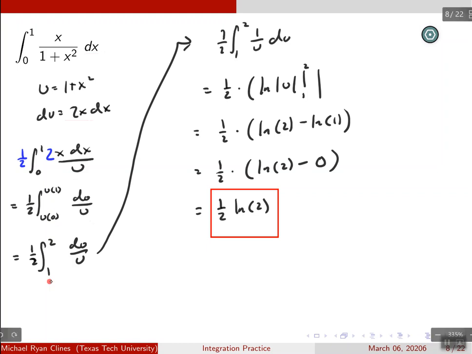We got that by just plugging it into this function, u of x is equal to 1 plus x squared. Voila, appropriately shifted our limits of integration. And then we just used the logarithm rule, implemented the fundamental theorem of calculus, canceled some terms, and then we end up with our answer. So that's how we go about solving a problem like this.